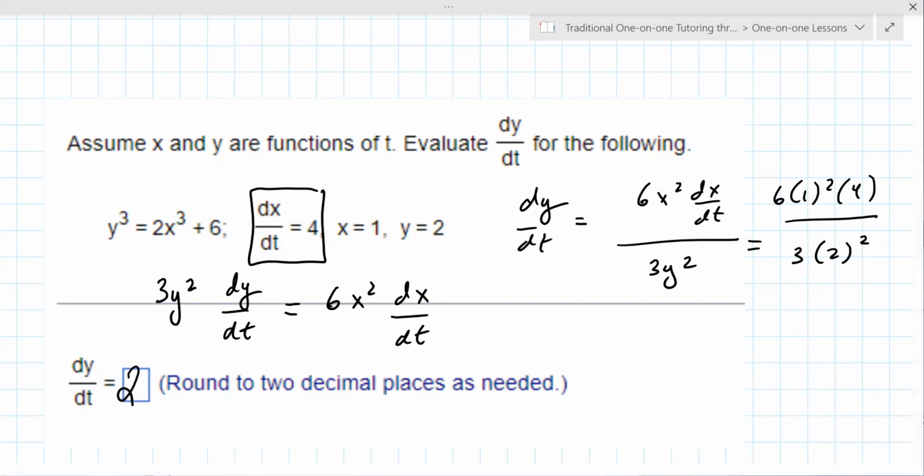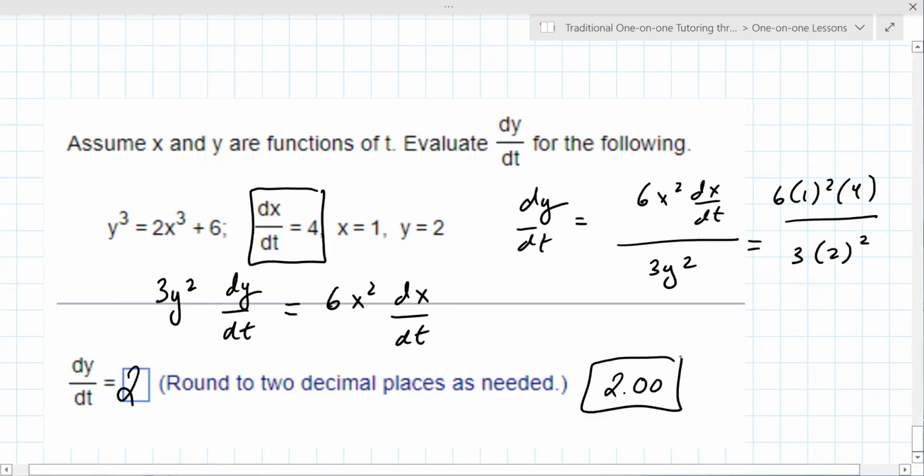Yep. y equals 2, dx/dt equals 4. Okay, so the answer is just 2. You can write 2.00 if you want, but it's just 2. Okay, there's more. Let's keep going.